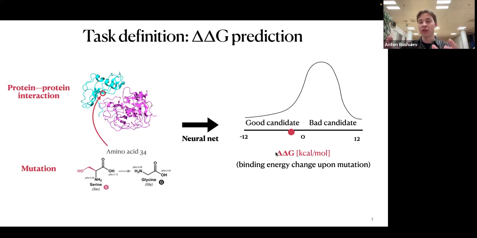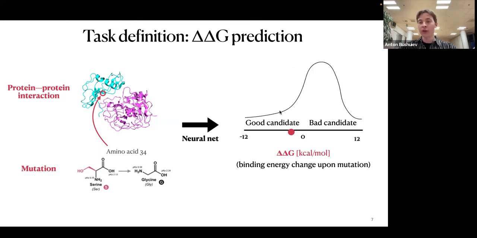So it's a subtraction between the mutated binding energy and the original one. And these delta delta G values vary roughly in the range between -12 and 12. For example, the model may predict a slightly negative value for the mutation that we have on input. Since it's slightly negative, it slightly improves the interaction or makes 2 proteins more attracted, and so we consider it a slightly good candidate.